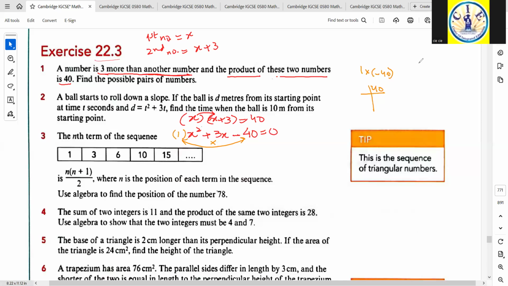The factors of 40 might be taken out by the prime factorization method, or we can have 40 written as 1 times 40, or 2 times 20, or 4 times 10, sorry, 4 tens are 40, and 5 eights are 40.